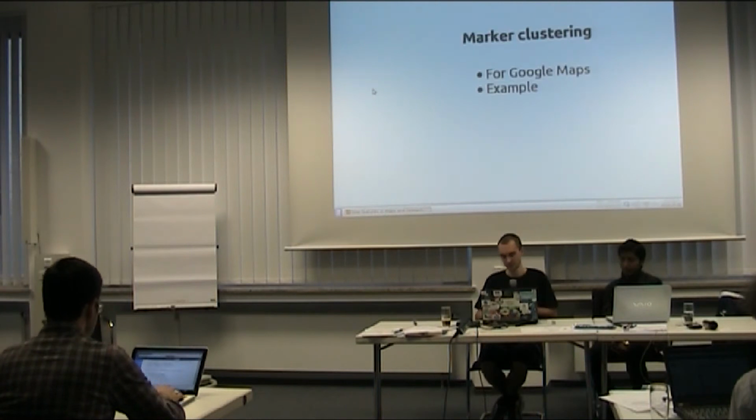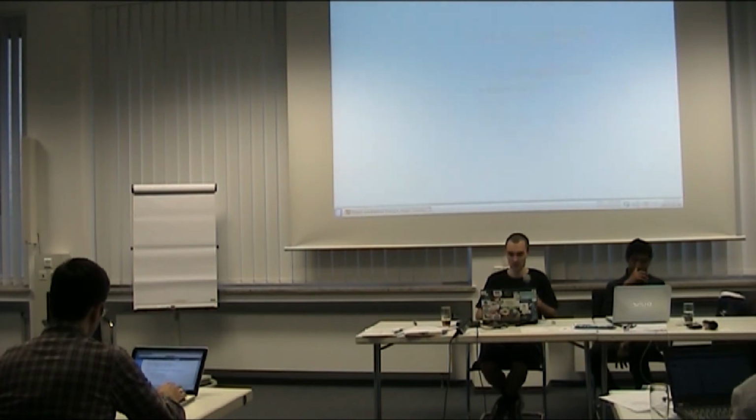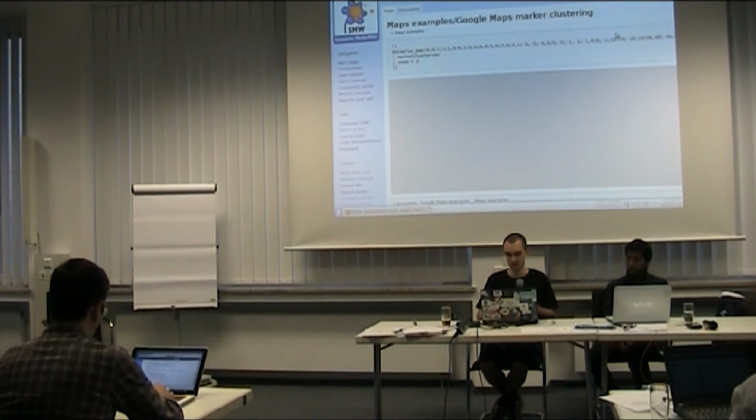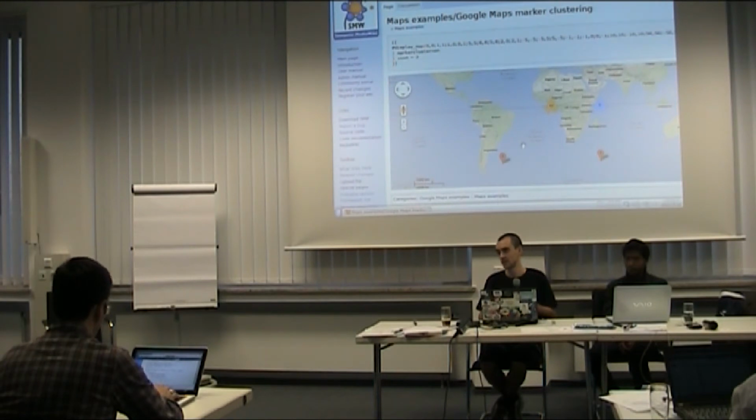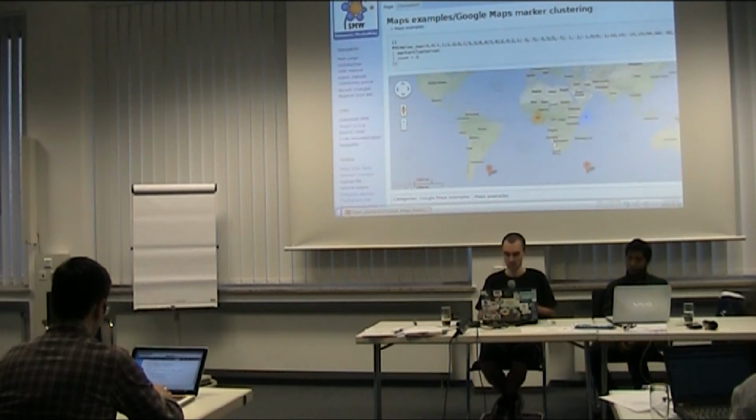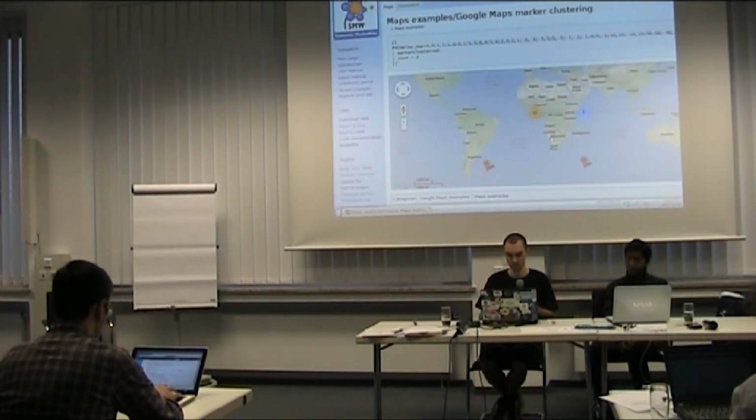This is also pretty cool, and a feature that's been requested since the first presentation I did about this 3 years ago. If you have a lot of points, it tends to get a bit annoying that you have over 9,000 markers on your map, and that also makes it slow, especially in the old Google Maps version 2. But now we have support for marker clustering, which you can turn on for Google Maps very easily with this parameter.